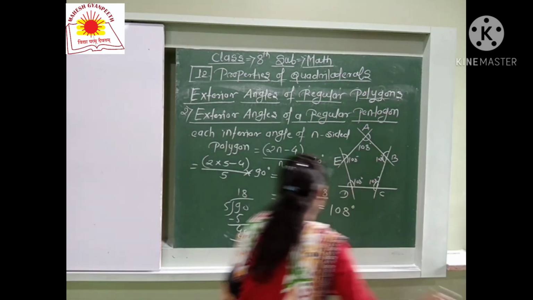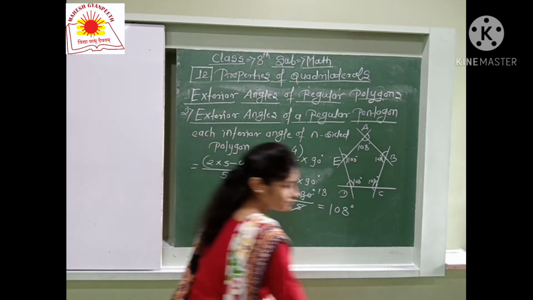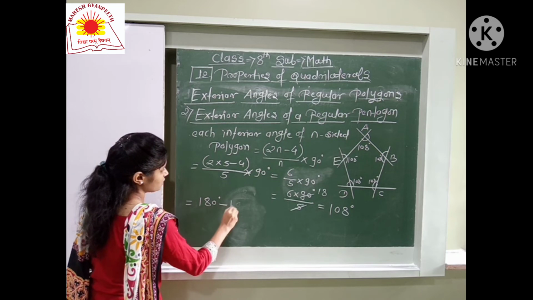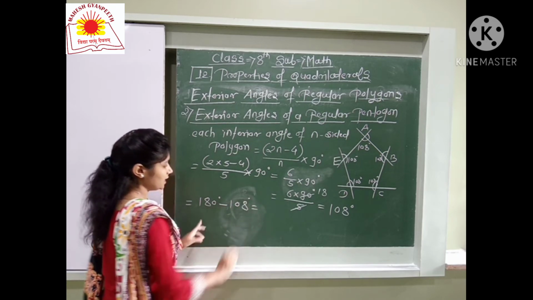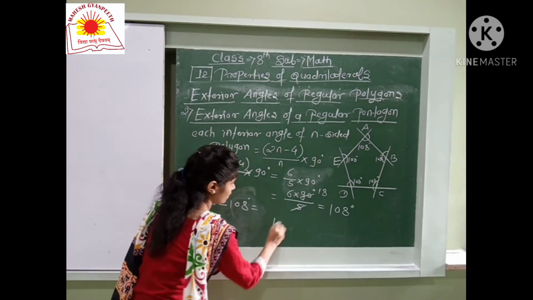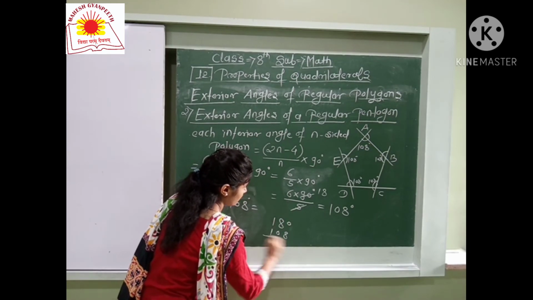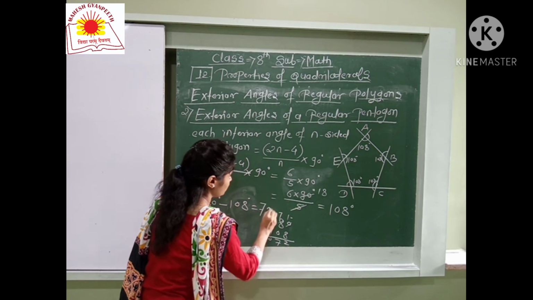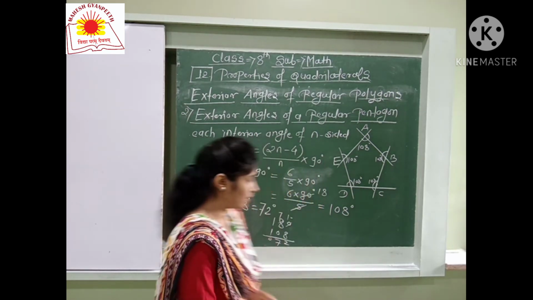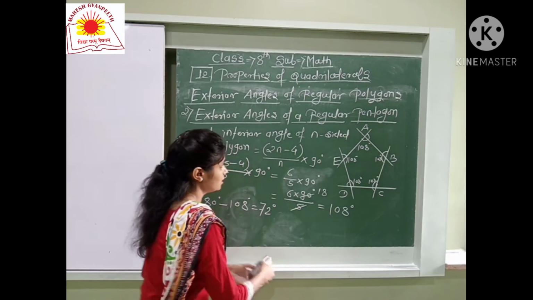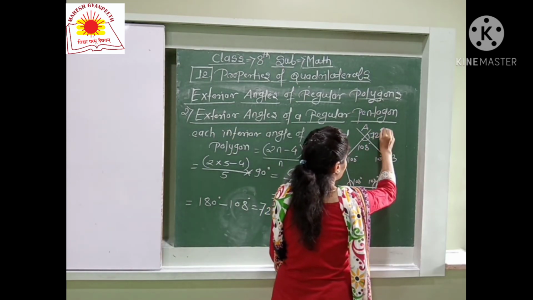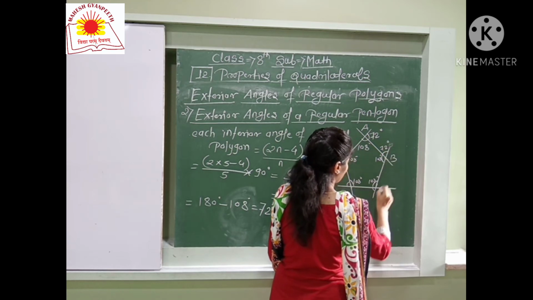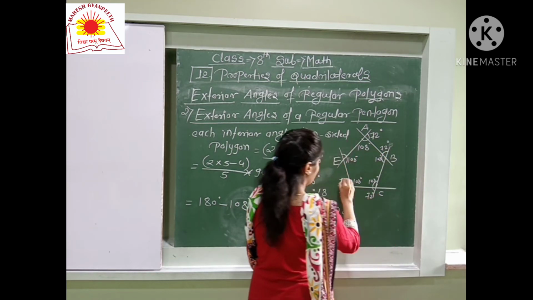So, 180 degree minus 108 is each exterior angle. What is that? 180 minus 108 is 72 degree. How much? 72 degree. So you have found the exterior angle. 72 degree. This is the exterior angle of a pentagon. 72 degree. Okay.